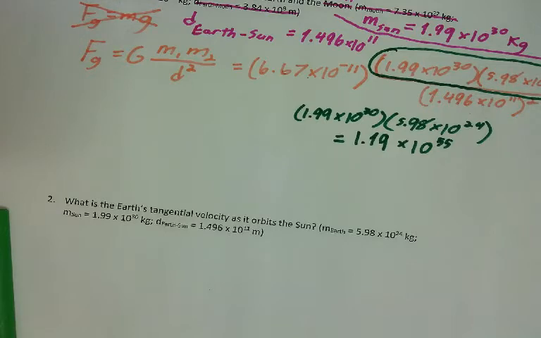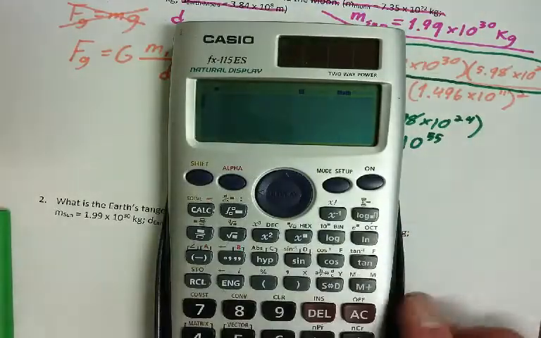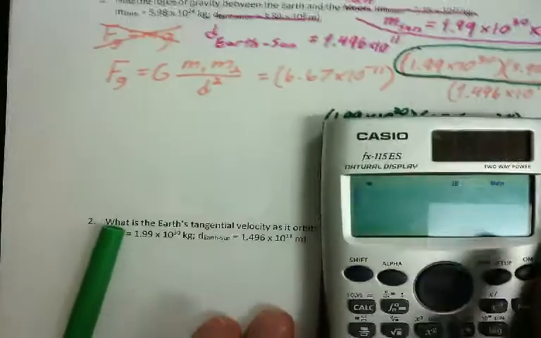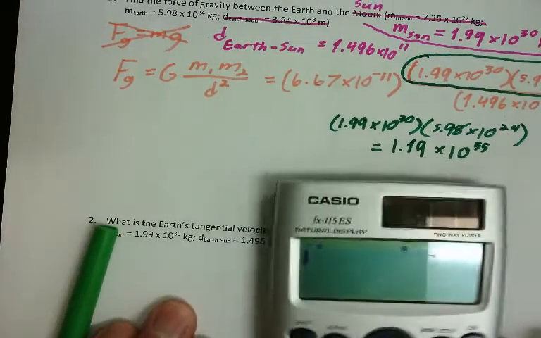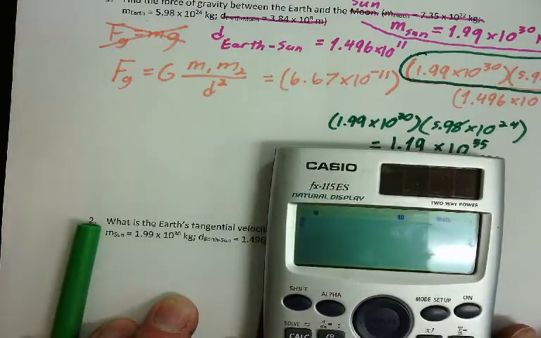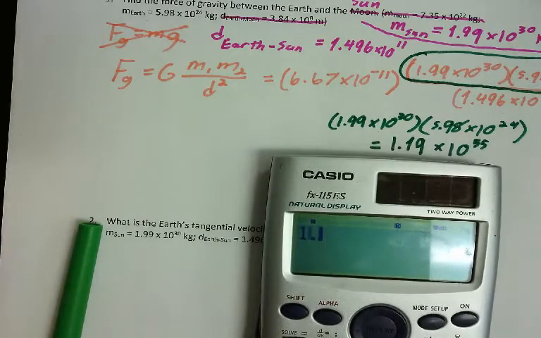Okay, good. If you have a Casio, you're looking for a button at the bottom probably that says times 10^x. You may have a button that says EXP, but you're probably looking for a button that says times 10^x. So you would put it in like this. 1.99.